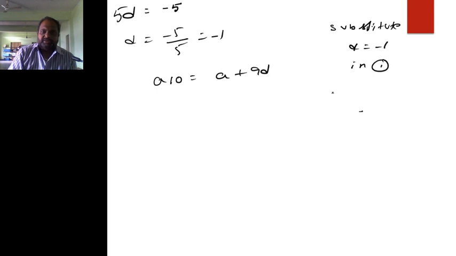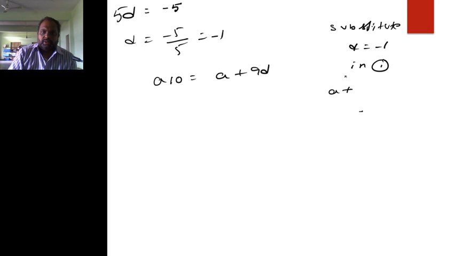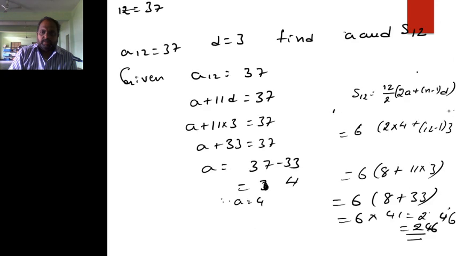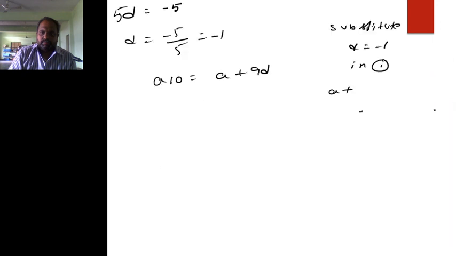What is the first equation? A plus 2D is equal to 15.